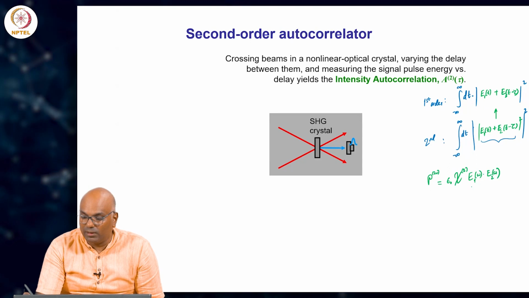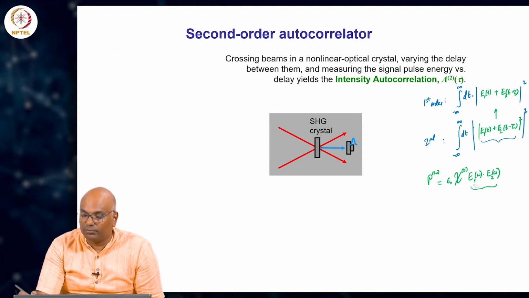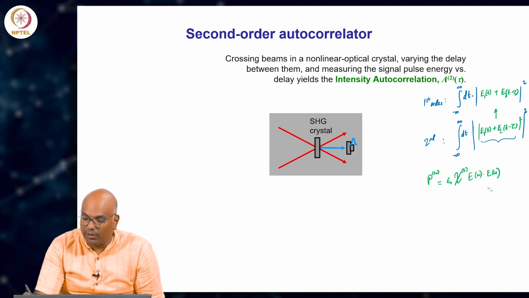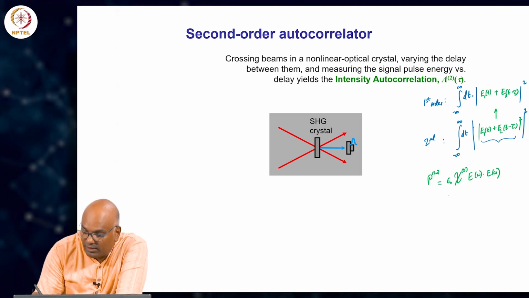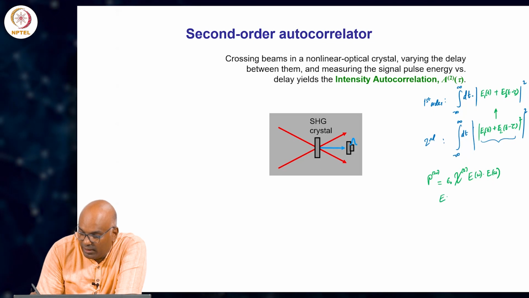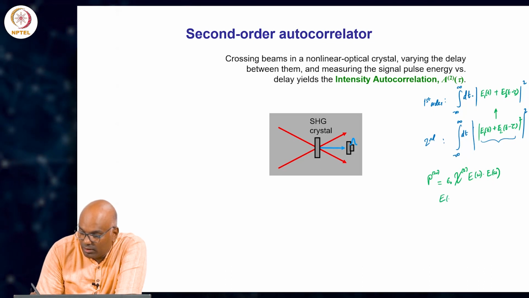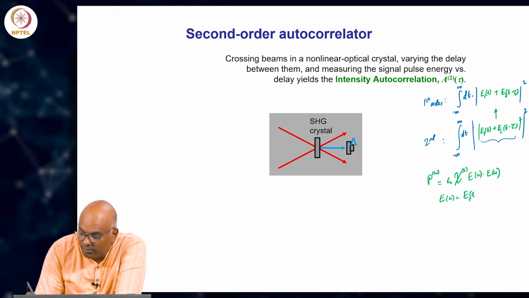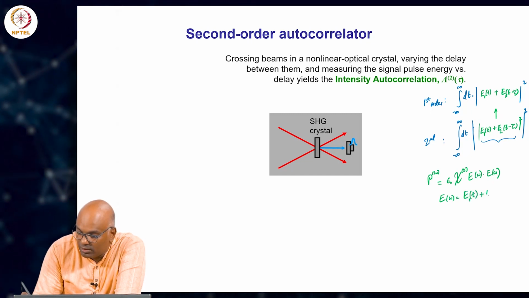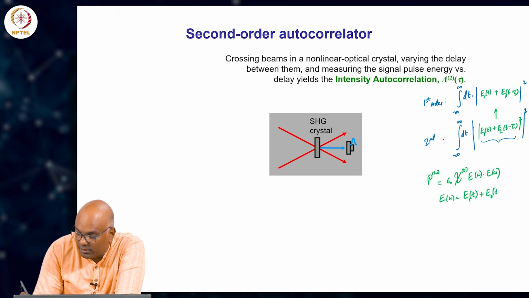So, why do I even say E1 E2? It generates this signal. Now here E of omega is the coherent sum of these two fields.